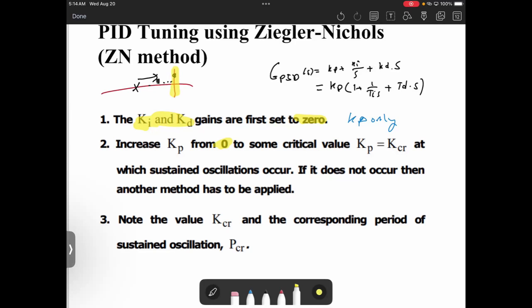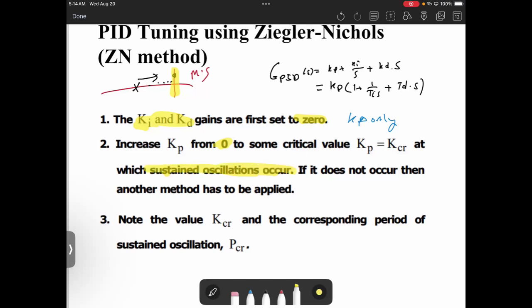Try to increase K carefully, step by step, until reaching marginal stable. How can I know we have reached marginal stable, especially if we don't know what the system is or its characteristics, or when we are doing it online? You will monitor the output until sustained oscillation occurs.